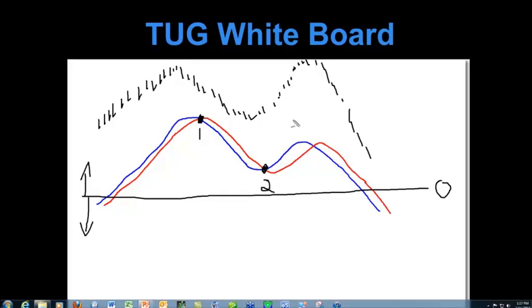And not only is it moving back up, but it actually forms a higher high than this right here. You can see that if I were to connect these two highs, it's actually a higher high. But notice down here, when I got my third cross, I've got the MACD moving in that direction.